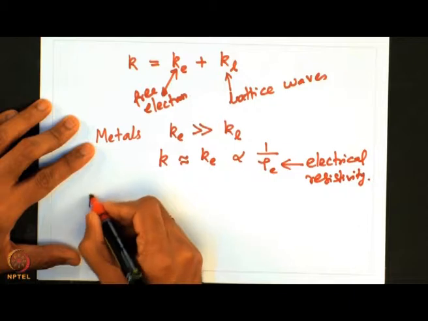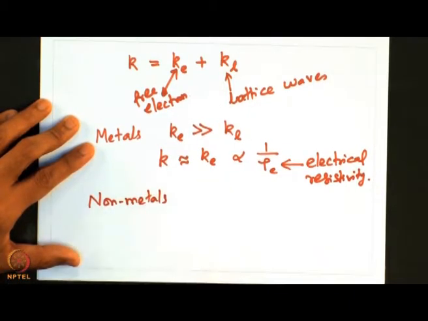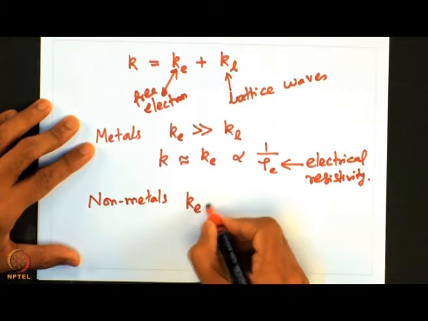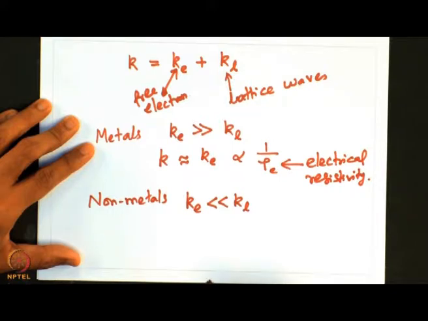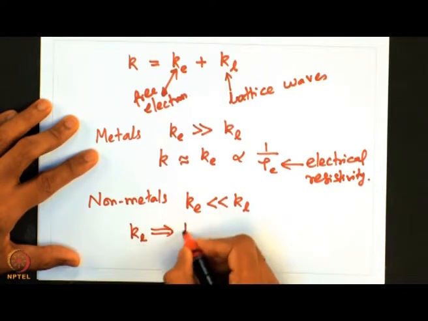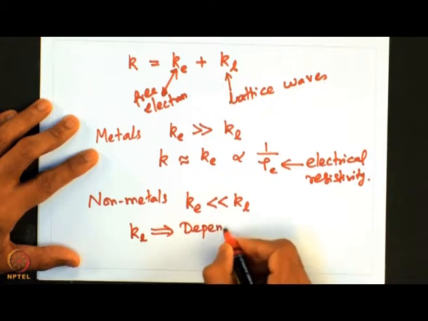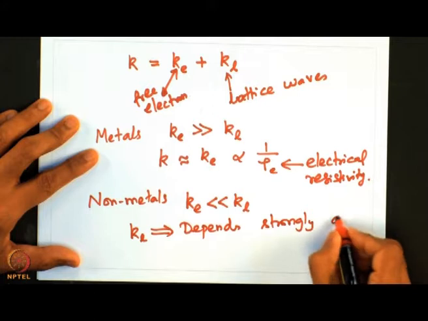If we take non-metals, for example ceramics, then typically Ke is much smaller than Kl, and in fact this is the reason why insulation systems typically have low conductivities. Kl depends strongly on the lattice arrangement.